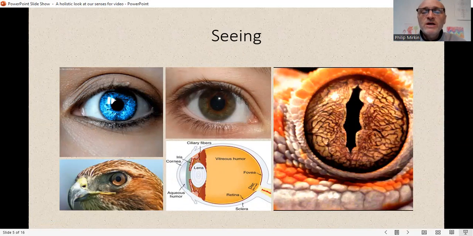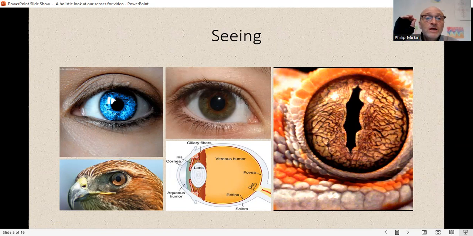We're going to spend quite a bit of time on our seeing. And it's based on light. Now, light itself is quite a complex thing. It's often thought of as a particle or a wave, but we can think of it as a wave. And this wave is passing through the clear parts of the eye onto the retina at the back.